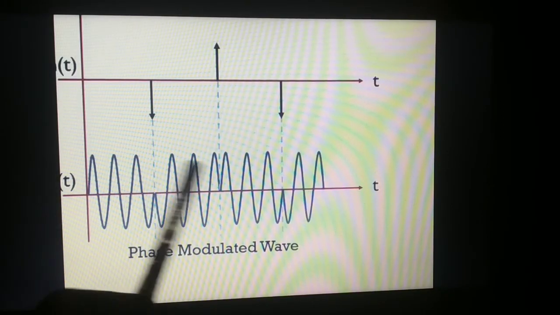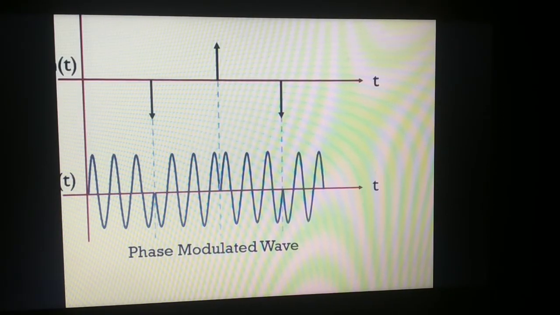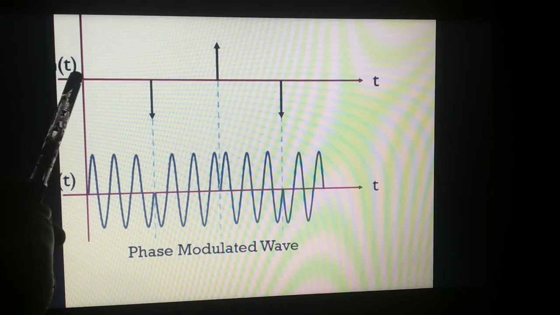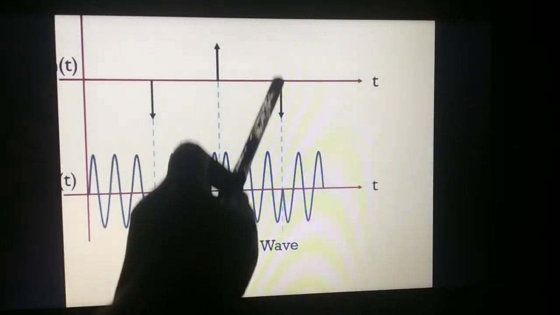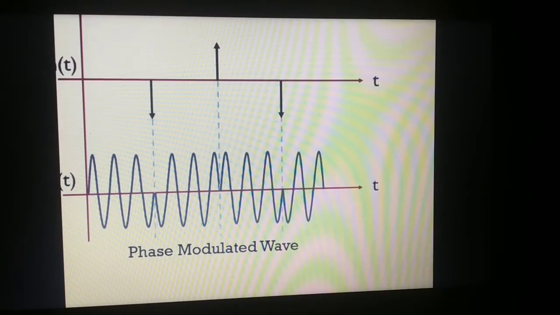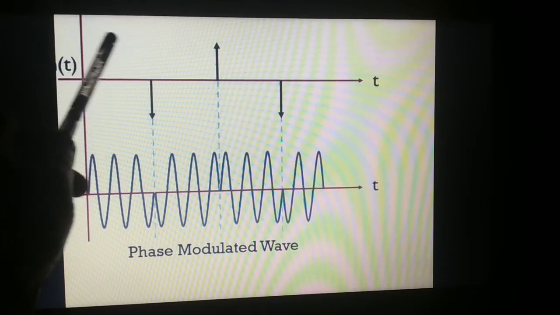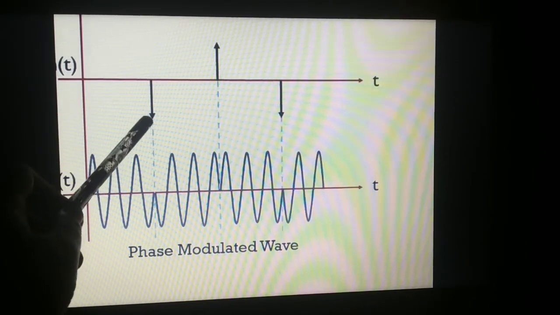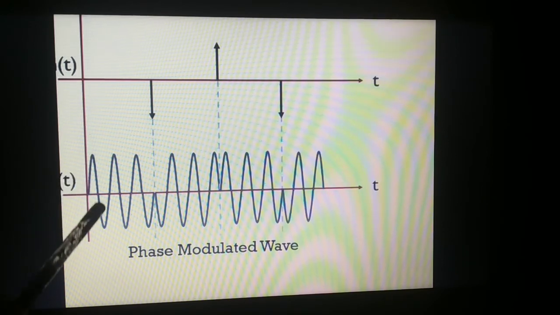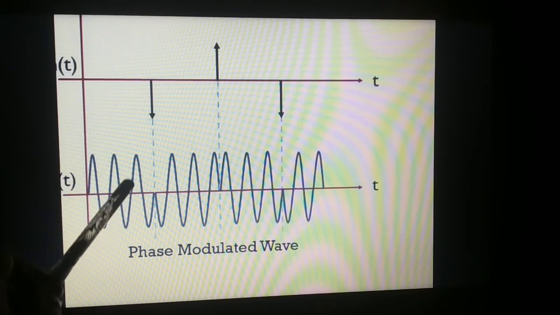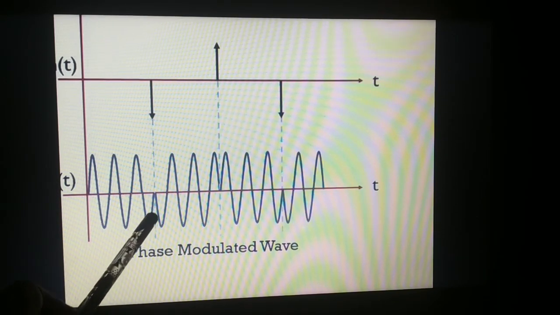This is the simple explanation for the phase modulated waveform. This may be the positive half cycle and this is the negative half cycle, positive half cycle, negative half cycle, like this. After the positive half cycle, it is going down, isn't it? So here phase reversal takes place. See, the waveforms are identical with frequency modulation, isn't it?